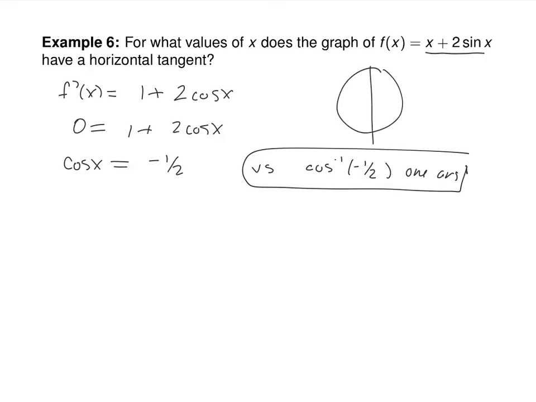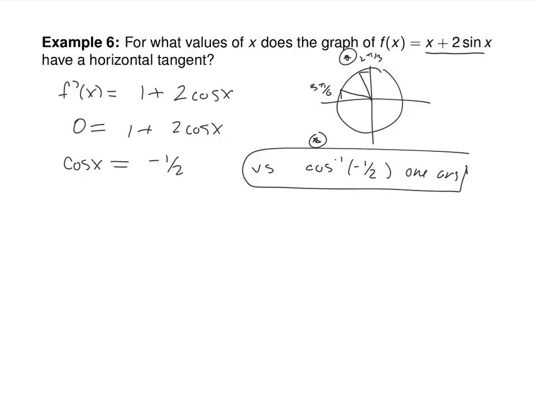So in which quadrants is the cosine negative? 2 and I think it's 3. It's okay, because the cosine is the backwards part, right? And it's either this angle or that angle, which is either 2 pi thirds or 5 pi 6.